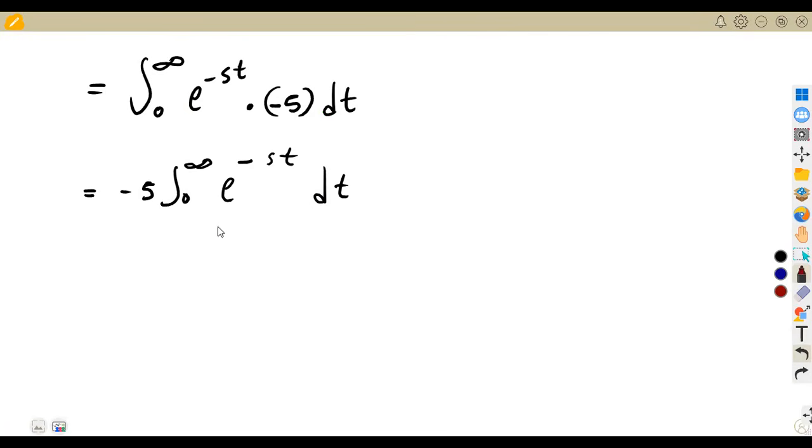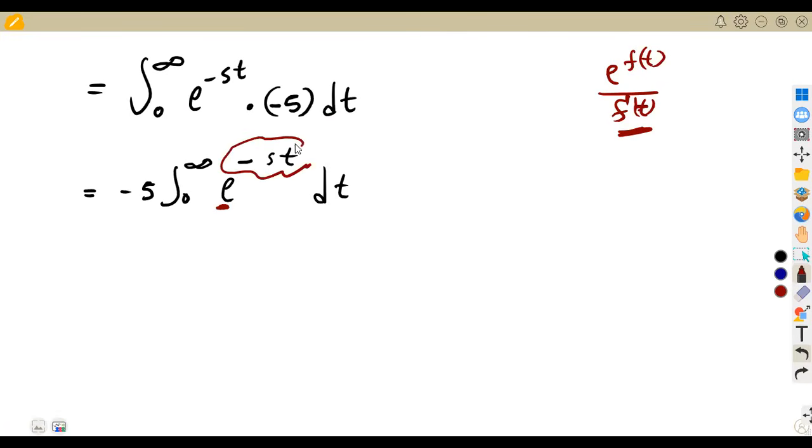So you have to integrate e. Remember, if you are integrating e, it is going to be e to the exponent of f of t over the derivative of that function that you are given. If you are dealing with f of x, it's e to the exponent of f of x over the derivative of f of x.